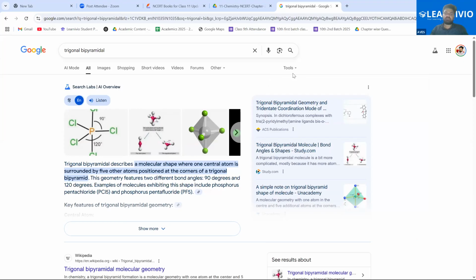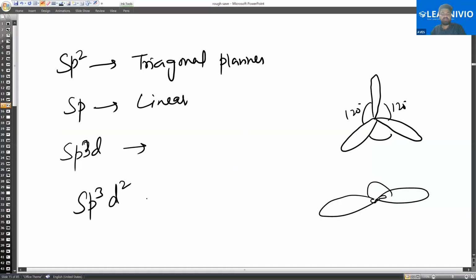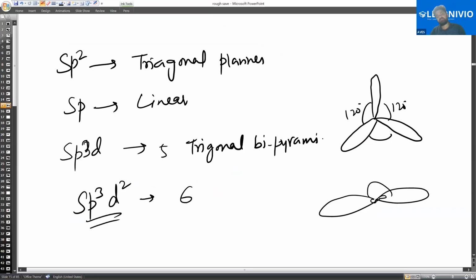So try to understand the trigonal bipyramidal shape, and then we shall move to the next one. sp3d2 means we have 6, here we have 5, so that is trigonal bipyramidal, and this one is octahedral shape.